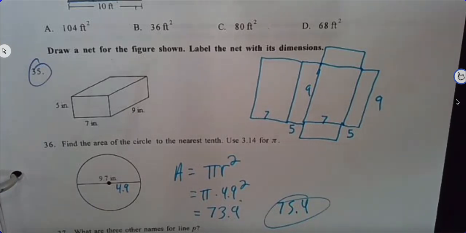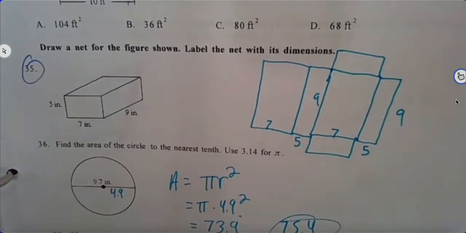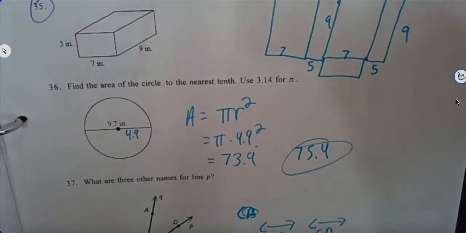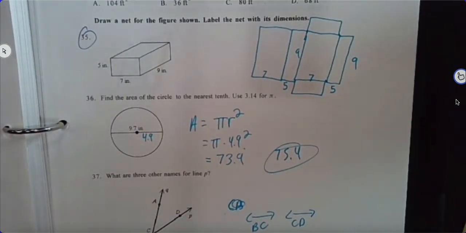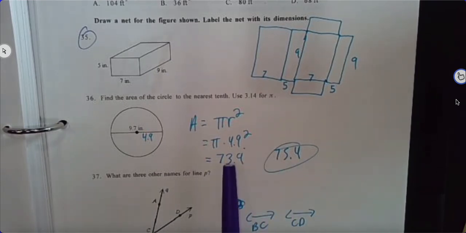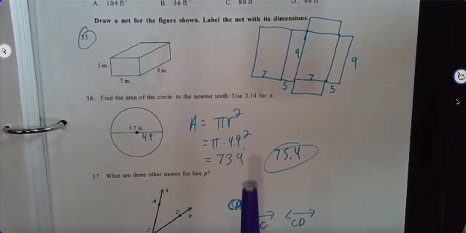Okay. I know y'all are trying to see that. Sorry. Here's a few more answers just because of time. Number 36, it was 75 point... No, I'm sorry. 4.9 squared, times pi.